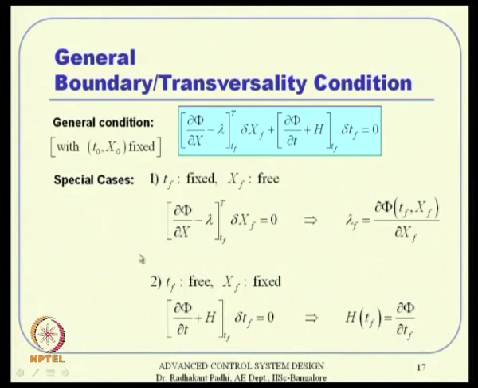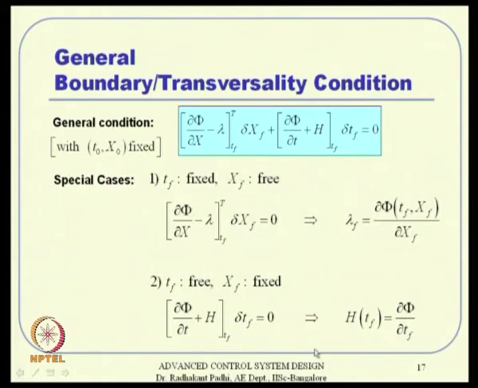Now, what if Tf is free but Xf is fixed? That can also happen, and that is a part of the problem formulation. Then the condition turns out that this term is 0 anyway, because x0 is fixed, there is no variation on x0, and xf is fixed, so the variation of xf, delta xf, is also 0. You are left with only this term where delta tf is not 0, which means the coefficient has to be 0.